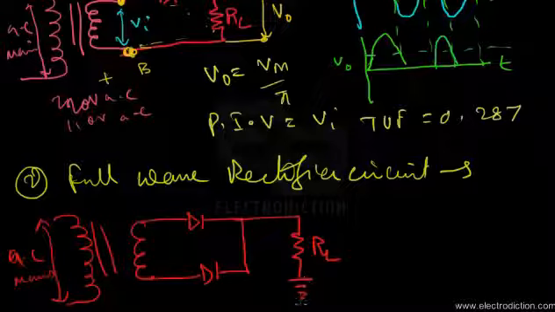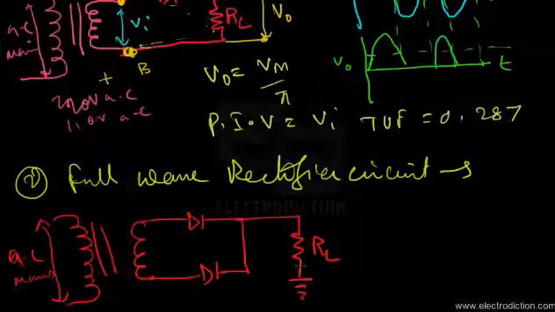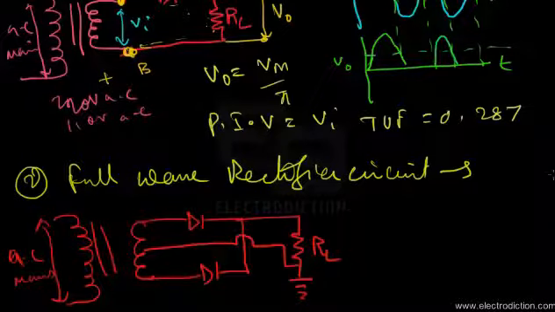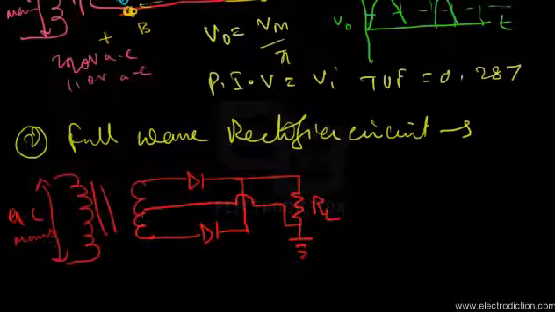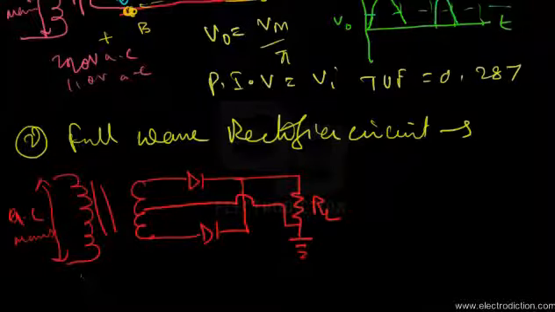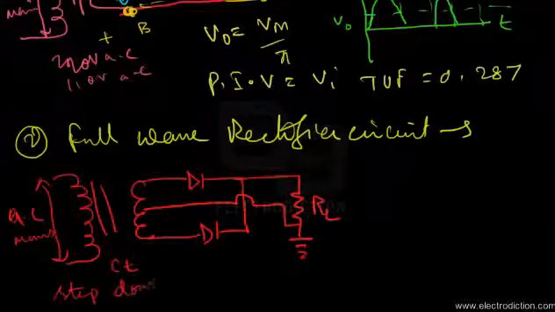Okay, the load resistance is grounded at one end, and the grounded end is connected with the transformer center tap. Now here I can say that the step down transformer used in case of a full wave rectifier circuit is a center tap step down transformer.